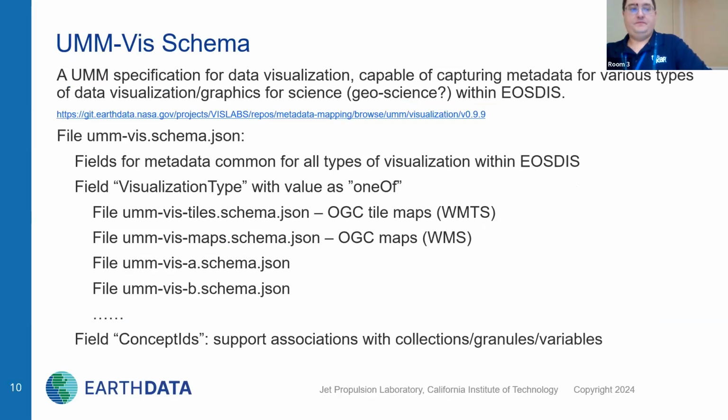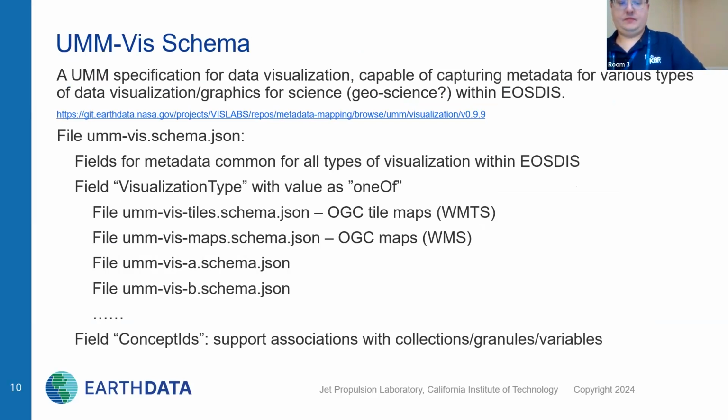And based on those three use cases, we set out to design a schema. And when we were doing this, we also considered the possibility to make this schema generic enough, which hopefully can help visualization services other than the GIBS WMTS service and its map service.